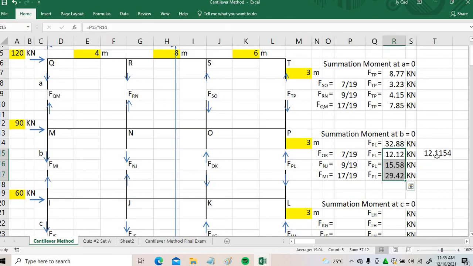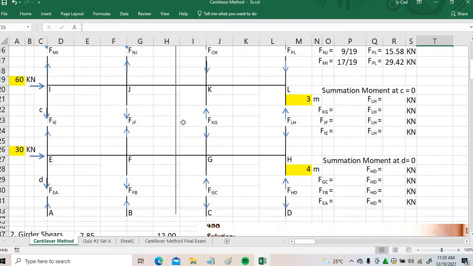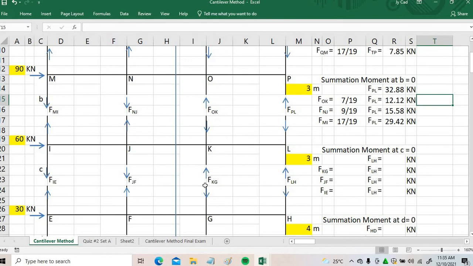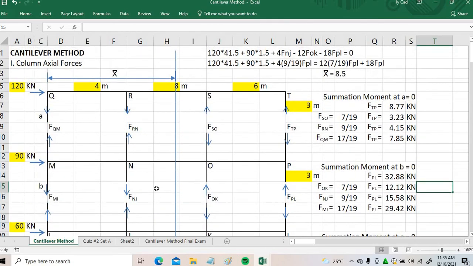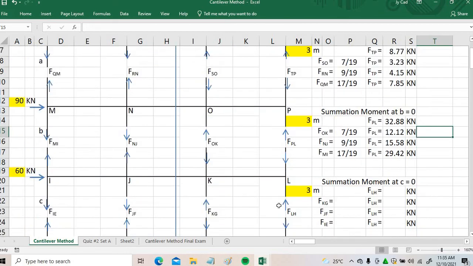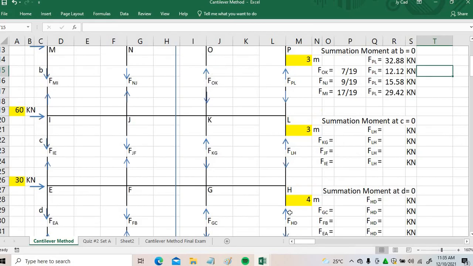Yan. And then, dito sa second floor, same procedure din, pero mag-iiba lang yung mga subscripts mo. Yung MI, okay, yung PL magiging LH. Okay?